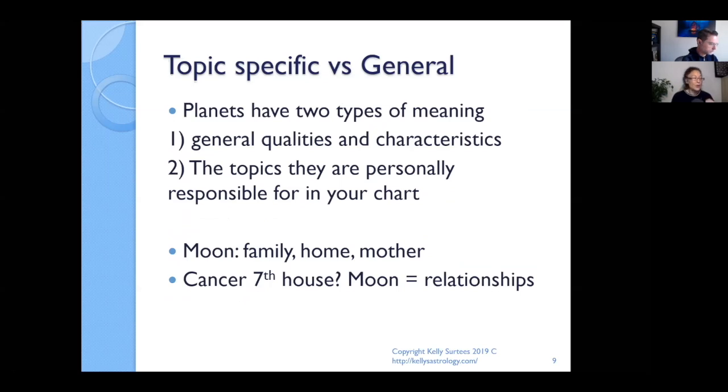So while Mars might generally be a planet of action, if you have one of Mars's signs, Scorpio or Aries, on the cusp of the 11th house, then you may actually find that Mars in your chart is in charge of the topic of friendship. So planets are going to have their general qualities and characteristics which they keep, but then they bring their tone to the topics that they're responsible for in your chart. Another example might be the Moon.